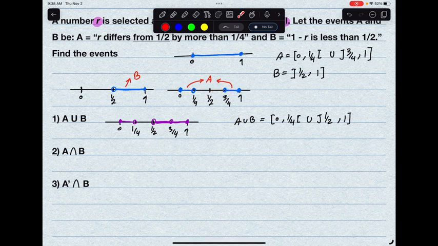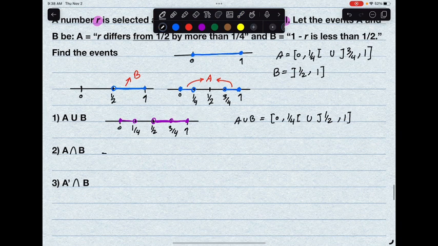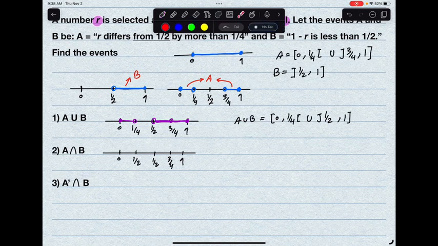What about the intersection? For the intersection, that means all the common parts in A and B. B is between 1 over 2 and 1, and this part is between 1 over 2 and 1.